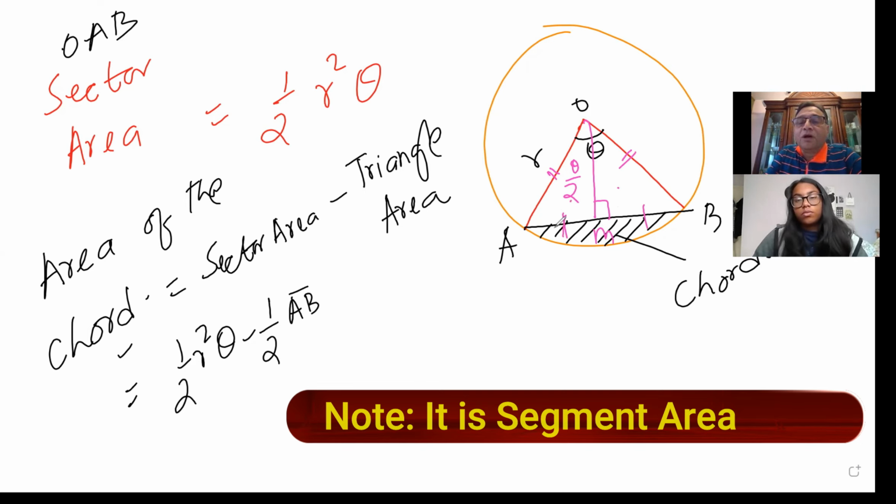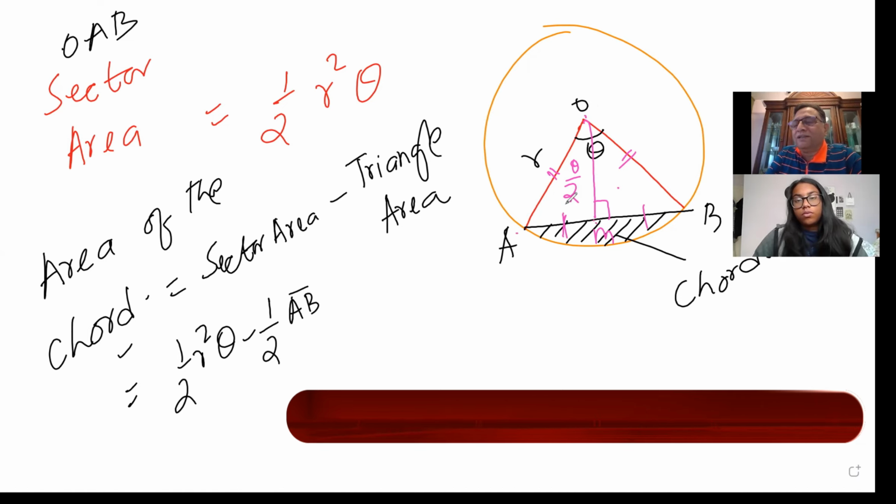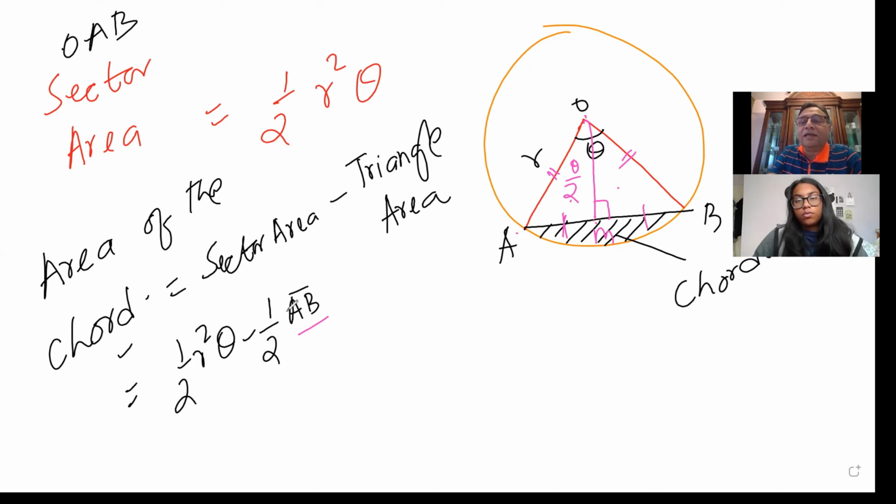Now, what are AM and OM? If you find that, we can write the area of the triangle as half AB into OM, the altitude. You can use trigonometric ratios. You remember sine theta and cos theta? So AM is what?